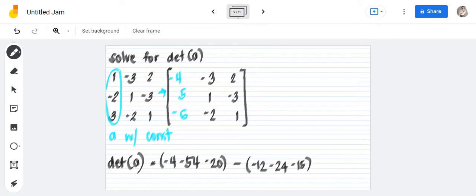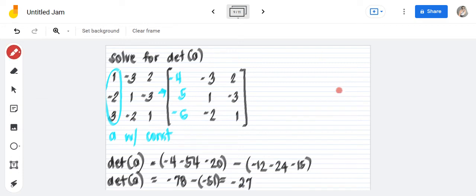Or we now have the determinant of the matrix as negative 78 minus 51, that is minus 51, and that's equal to negative 27.